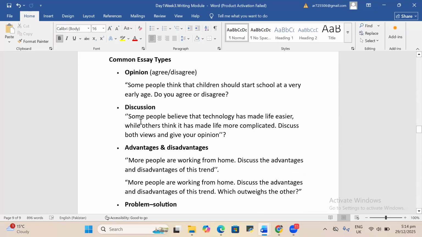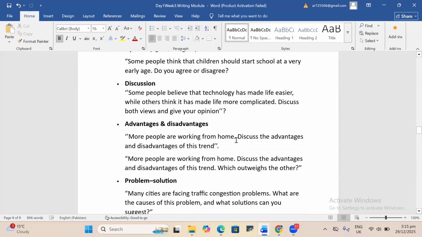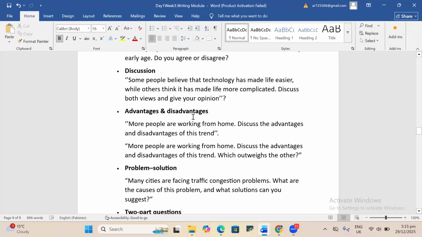In a discussion essay: some people believe that technology has made life easier while others think it has made life more complicated. Discuss both views and give your own opinion. So you can know that this is a discussion essay. And similarly for advantages and disadvantages: more people are working from home, discuss the advantages and disadvantages of this trend.